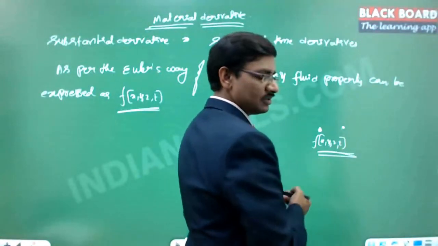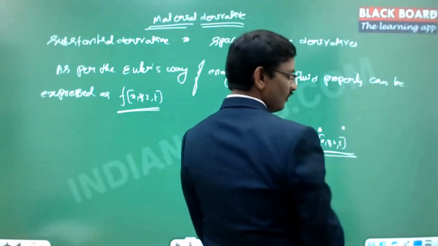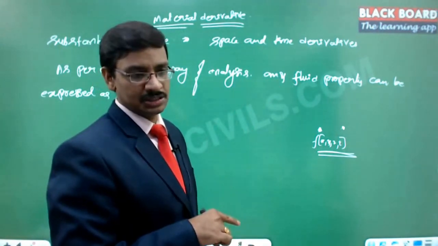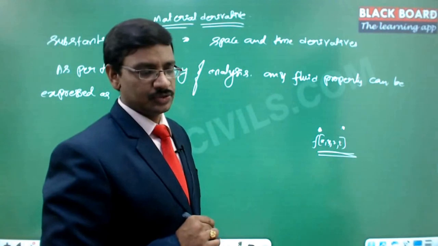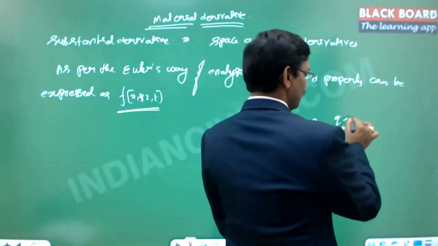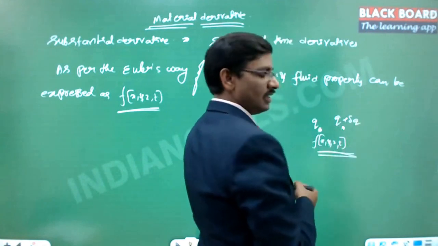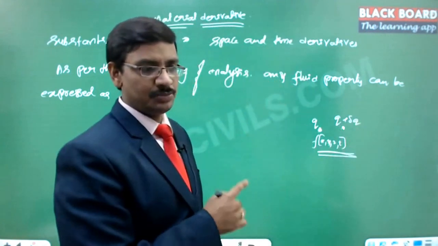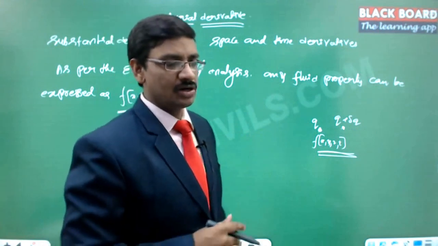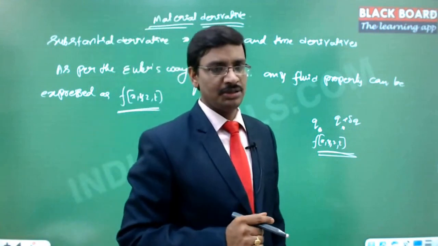These two together give a different value, depending upon the amount of time change and the amount of space change, for the same characteristic. So if you take the velocity, this is q plus delta q. The delta q value is dependent on both the time and the space together. This means we are talking about a 4-dimensional coordinate system here.